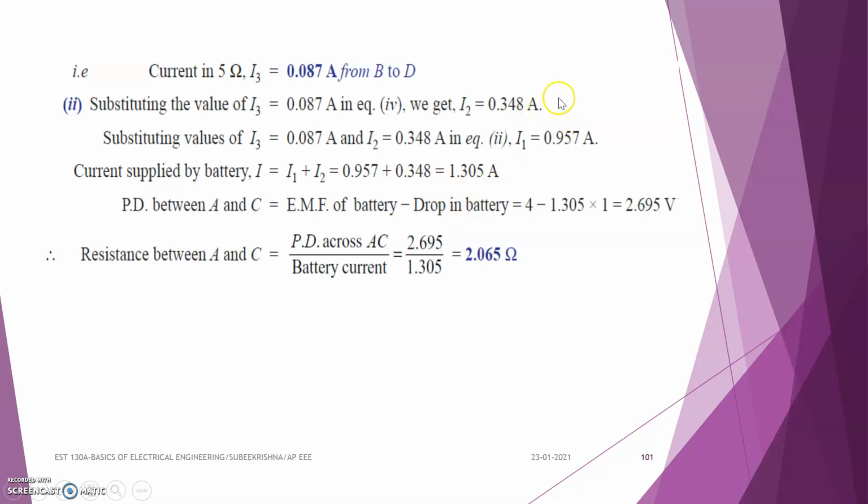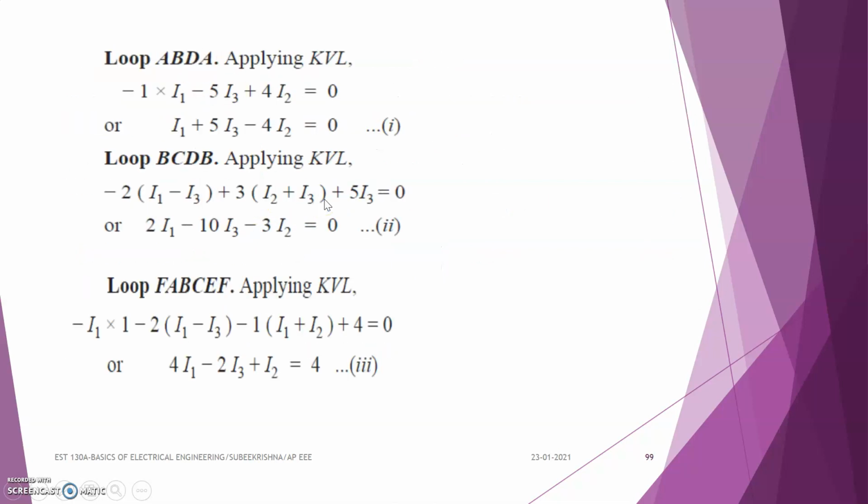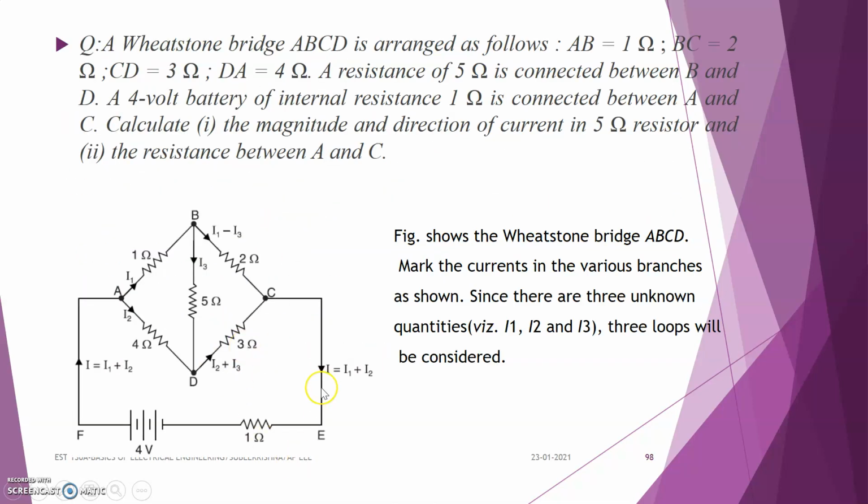So from the value of I2 and I3, we can easily find out the value of I1 also. Now what is the value of current which is supplied by the battery? We know from the diagram, the current which is supplied by this battery is I1 plus I2.